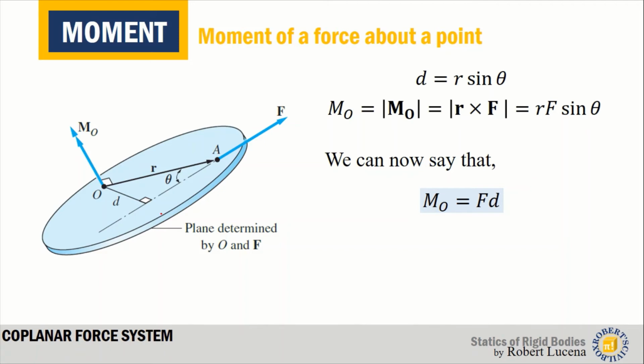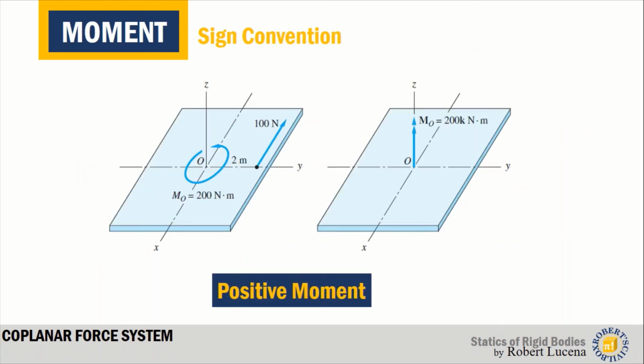Now, it is strict that to get the moment induced by a force about a point, it should be multiplied by a perpendicular lever arm. So as you can see here in the figure, we have a force of 100 Newton. Now, the force 100 Newton is 2 meters away from O, and that 2 meter is the perpendicular distance of the first vector, 100 Newton.